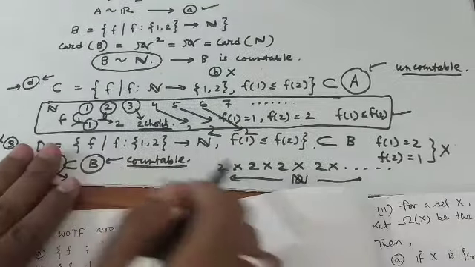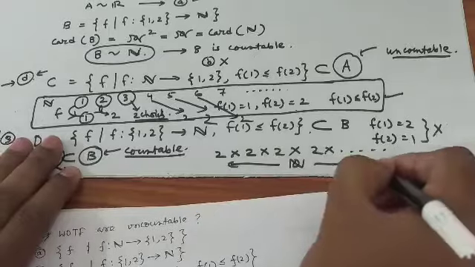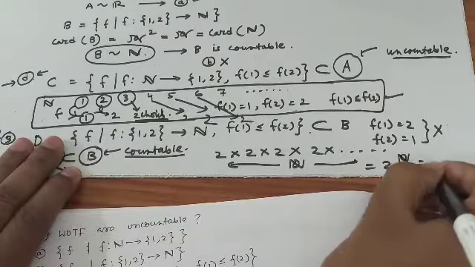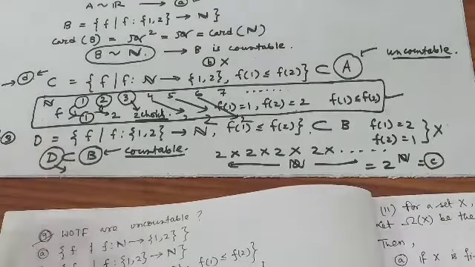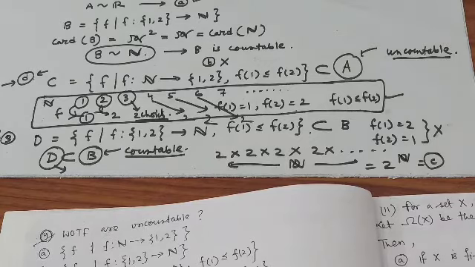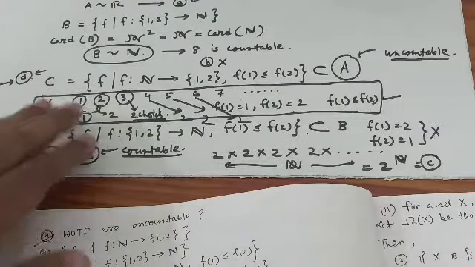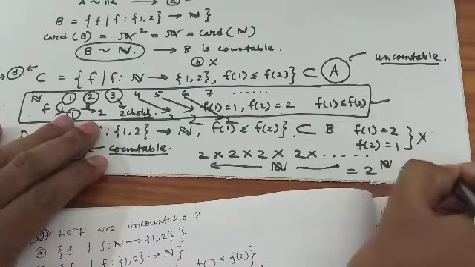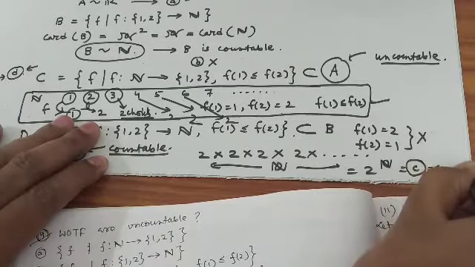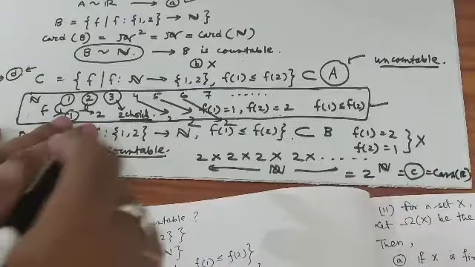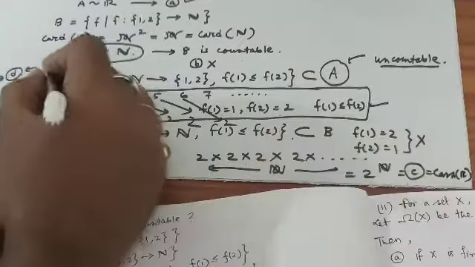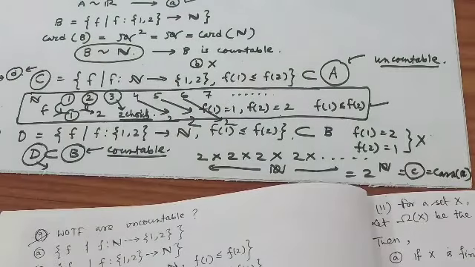But here you are getting 2 to the power aleph-not, that is c, number of choices by which you can construct this whole set. That is the cardinality of this set. It is going to be c, which is nothing but the cardinality of R. Thus C turns out to be an uncountable set.